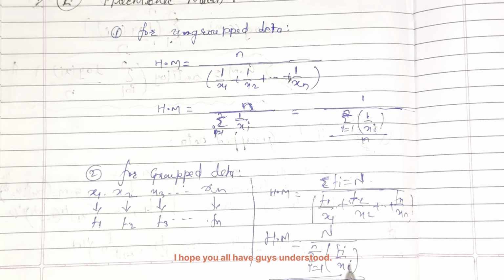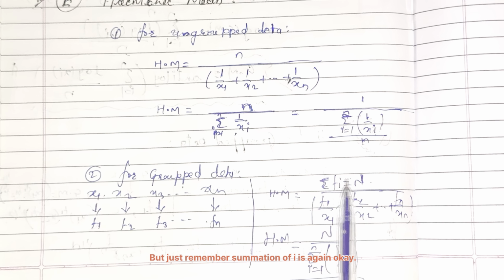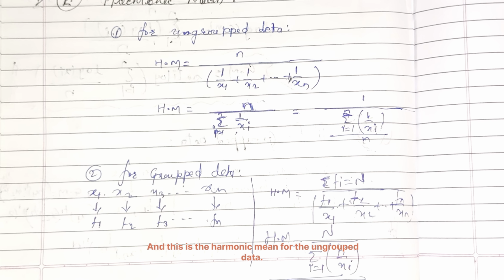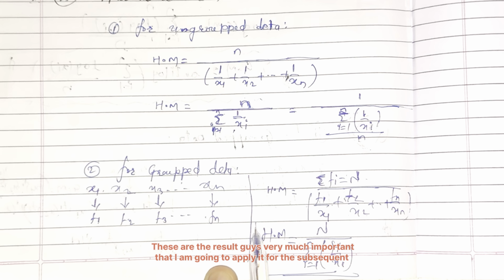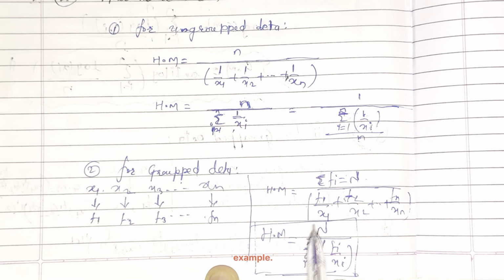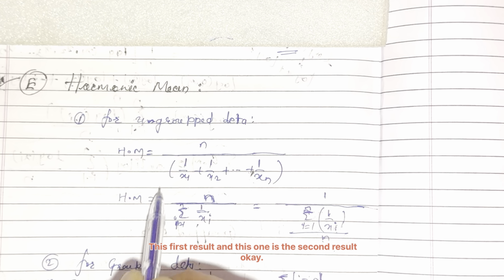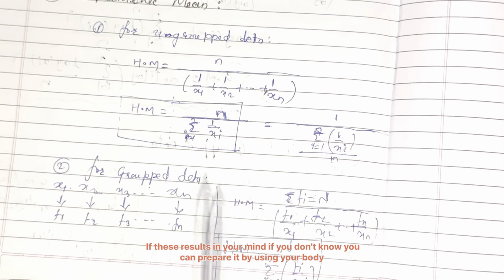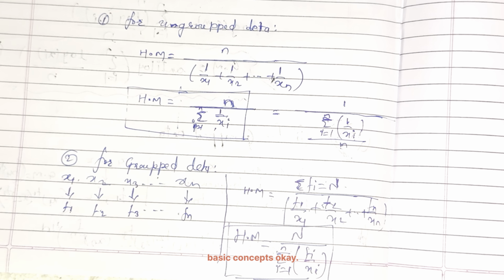I hope you have all understood. It is not that difficult, it is way easier, but just remember the summation of fi is N. This is the harmonic mean for the grouped data, and this is the harmonic mean for the ungrouped data. These results are very important, as we are going to apply them in the subsequent examples. This is the first result and this is the second result. Keep these results in your mind. If you don't know them, you can derive them using your basic concepts.